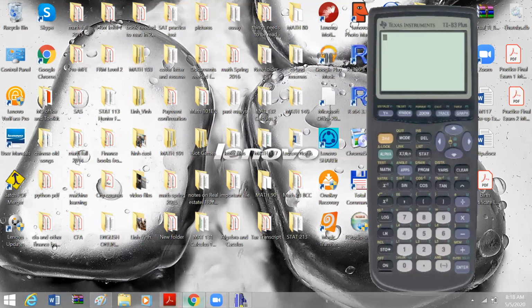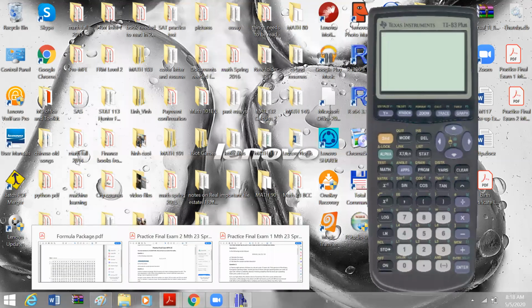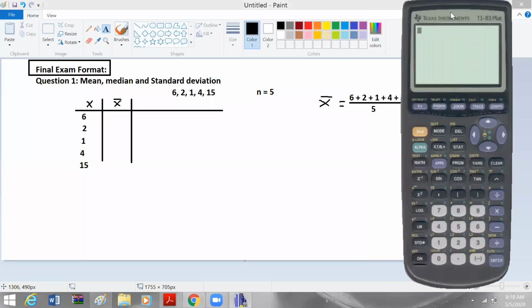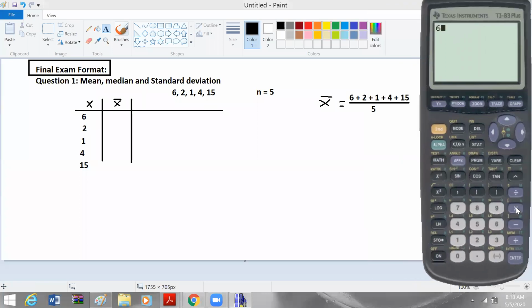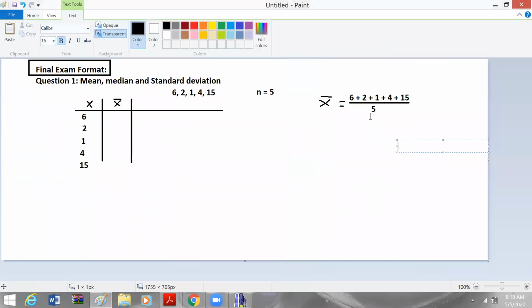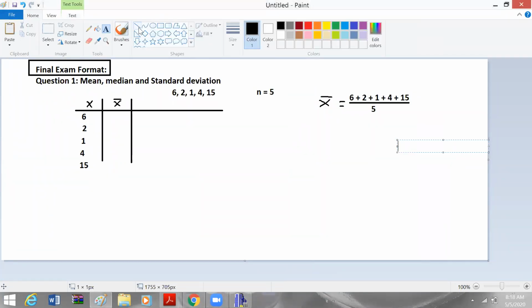So what we have here is we need to add 6 plus 2 plus 1 plus 4 plus 15. You have to hit equal, right? If you don't hit equal, then you're going to get it wrong. And then we divide by 5. The answer for that is 5.6. So that will be the average.